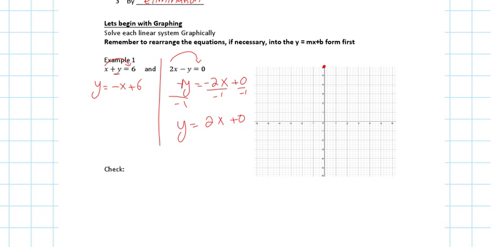Because it's a negative 1, I go down 1, which means I've already done the negative. I go down 1 over 1, down 1 over 1. I don't need any more points.